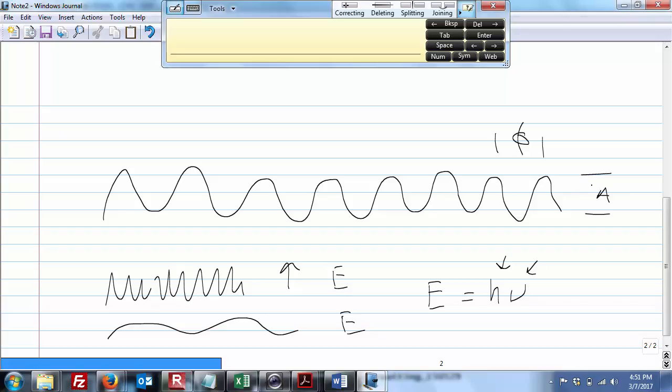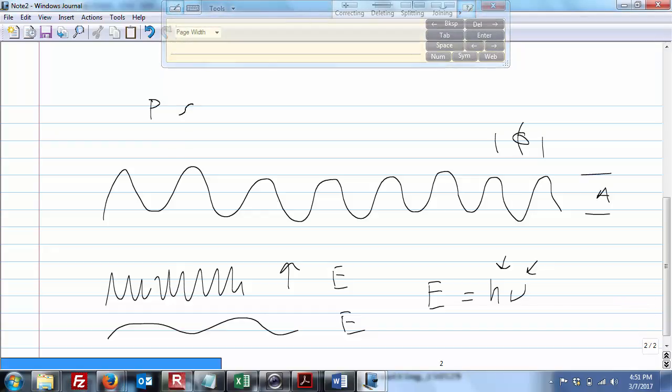More or less, the way to think about power, and I'll write it like this, is that power is proportional to amplitude times frequency. That's just a way to think about it.